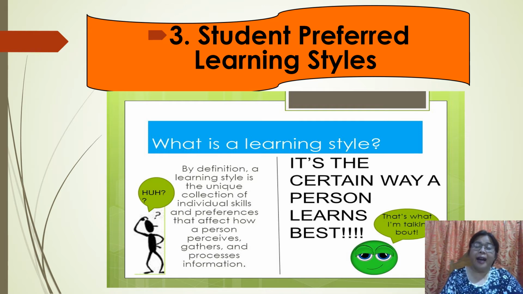Additionally, a learning style is the unique collection of individual skills and preferences that affect how a student perceives, gathers, and processes information. It has been recognized that each individual prefers different styles and strategies for learning.